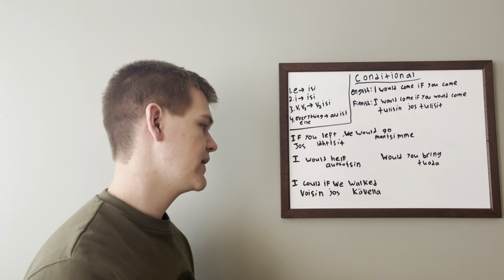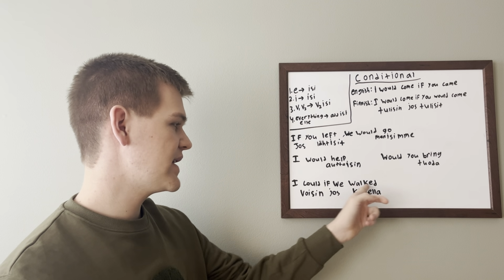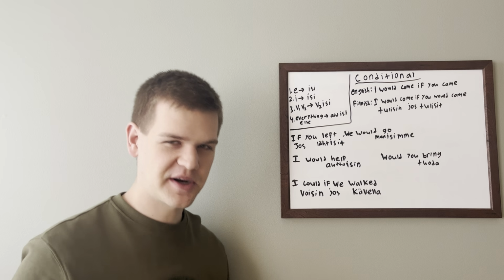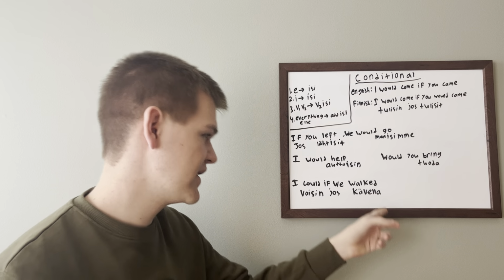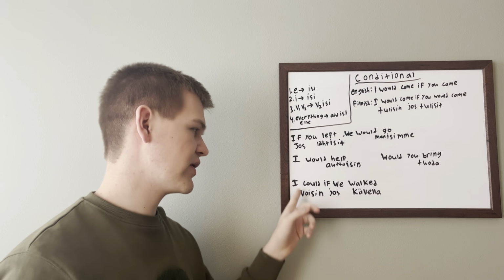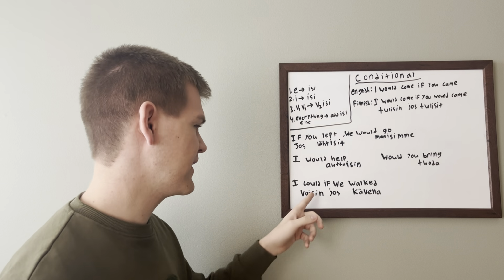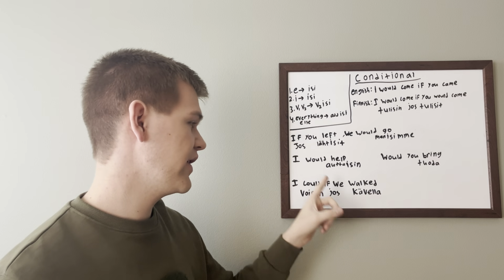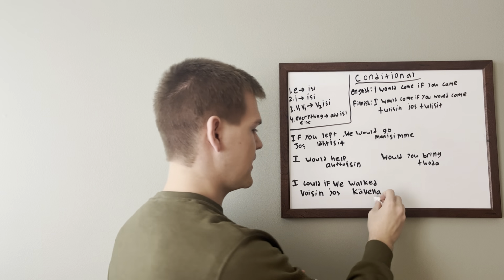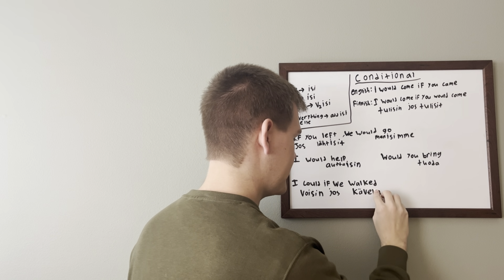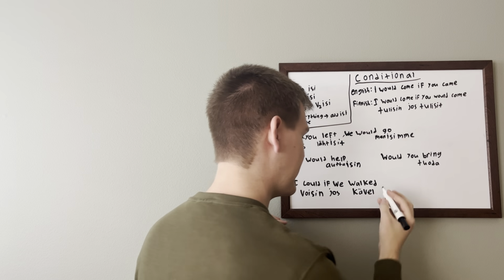we walked. And again, this one's in past tense, but when we're translating into Finnish, we're going to put it in conditional because it's this conditional type of sentence. It's kind of like, "I could if we would walk", which kind of makes sense in English too, but it's not necessarily how we usually say it. I could if we would walk. So, kävellä, the stem is going to be kävele.